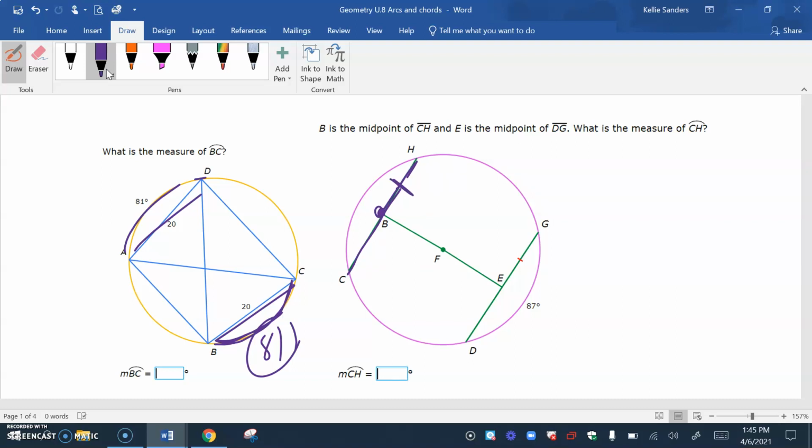A midpoint means it's exactly cut in half, so it's a tick mark for that also. And E is the midpoint of DG, which is right here. So if E is in the middle, then those are exactly the same. And if this is 87, which it says it is, then CH is going to be 87 degrees wide also.